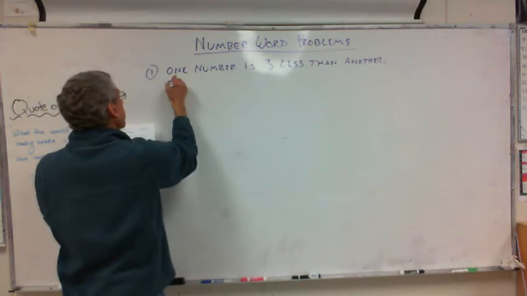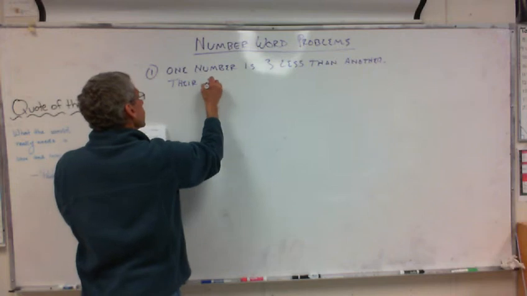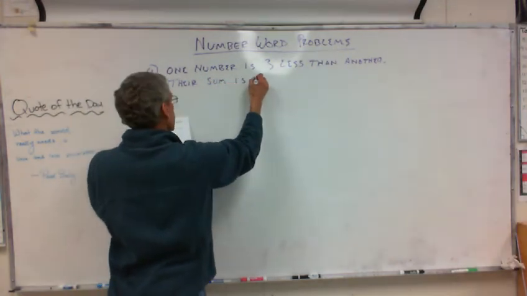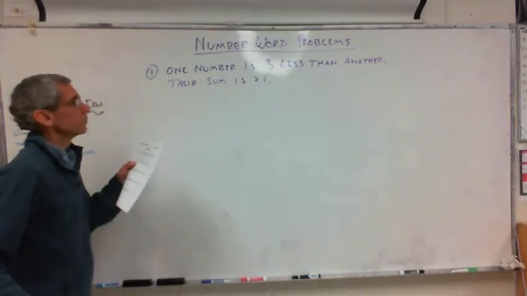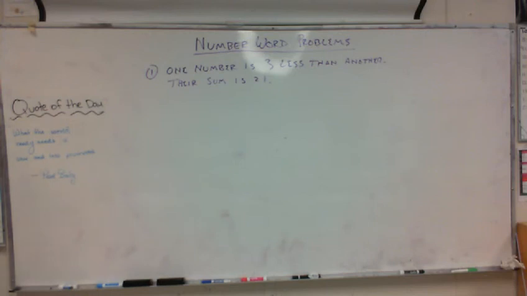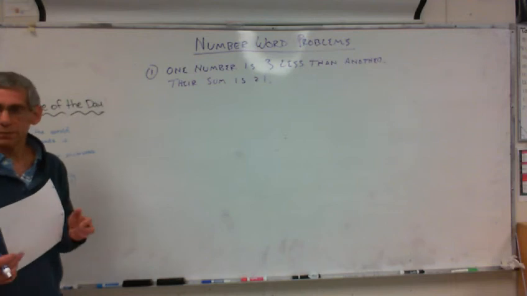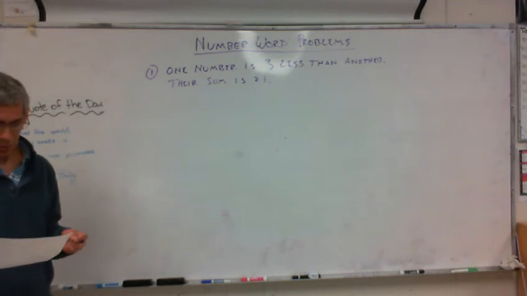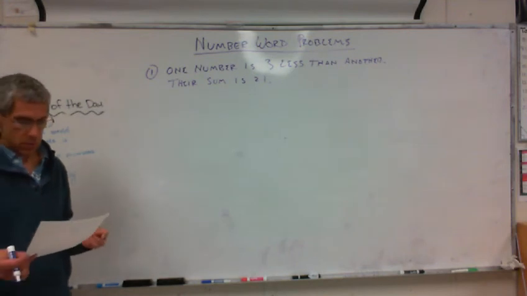Their sum is 21. So write that down. One number is 3 less than another. Their sum is 21. Okay?